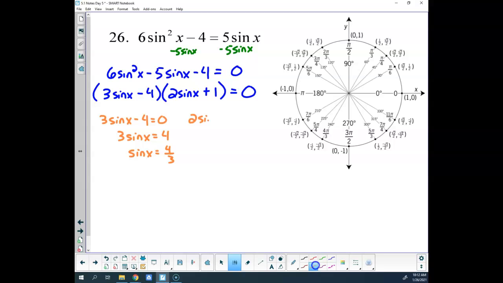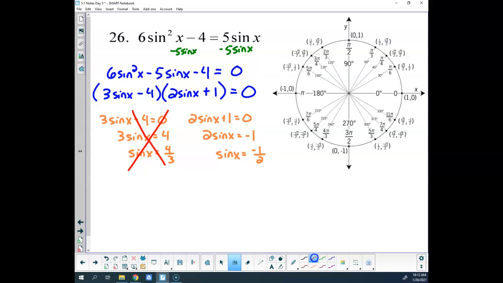2 sine of x plus 1 equals 0. 2 sine of x is equal to negative 1. Sine of x is equal to negative 1/2. Yep. Can sine ever be 4 thirds? Nope, because sine has to be less than 1. 4 thirds is bigger than 1.